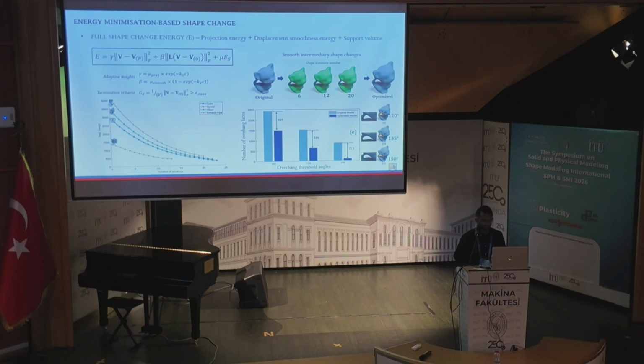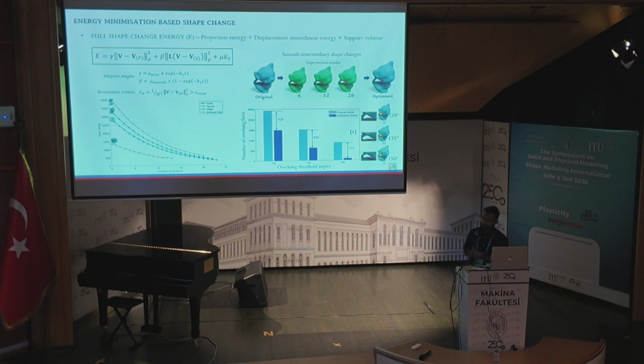So the first one is the projection energy, which is the difference between the current vertices and the projected vertices. And if you look at the smoothness energy, it helps us to ensure the vertex deviation is smooth. And then we add the support volume as well.